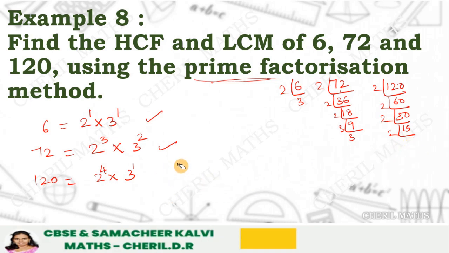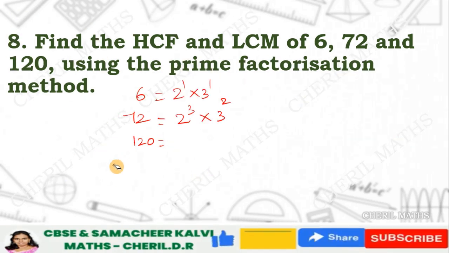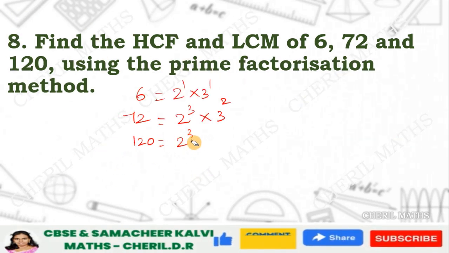It's going to be 2 cube into 3 into 5. So the factors are 2, 3 and 5: 2 cube into 3 power 1 into 5 power 1.